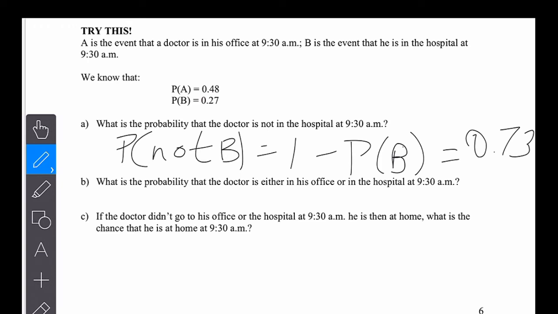All right, so I used the complement rule for that. The second question: what is the probability that the doctor is either in his office or in the hospital? So either/or is the probability of A or B. Again, you have to get used to these word problems.